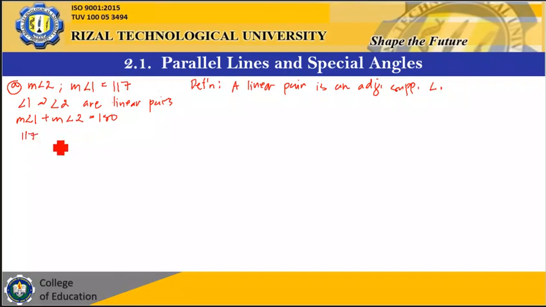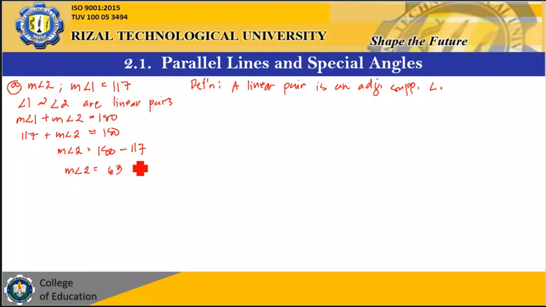So by substitution, that's 117 plus the measure of angle 2, which is equal to 180, and subtracting both sides by 117, we know that the measure of angle 2 is 180 minus 117. Therefore, the measure of angle 2 here is equal to 63.